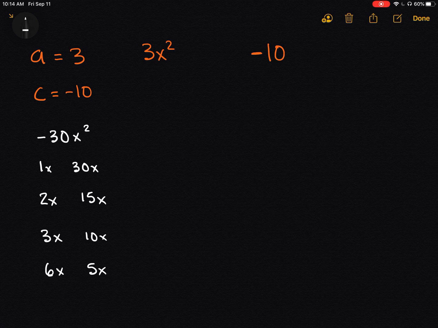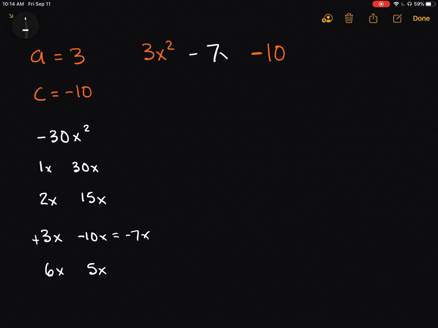So choose a pair. Now, because it's negative 30x squared, one of the pair has to be positive, the other has to be negative. So say I want to make a negative 10x and a positive 3x. If I add those together, that's going to equal negative 7x.